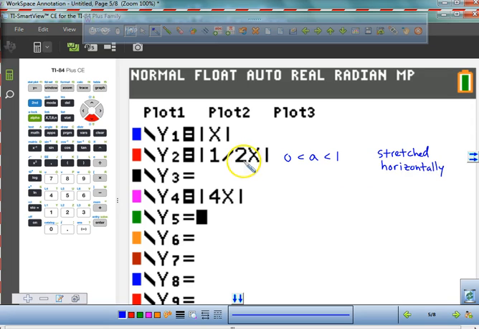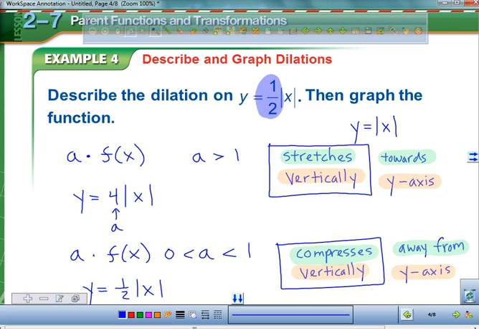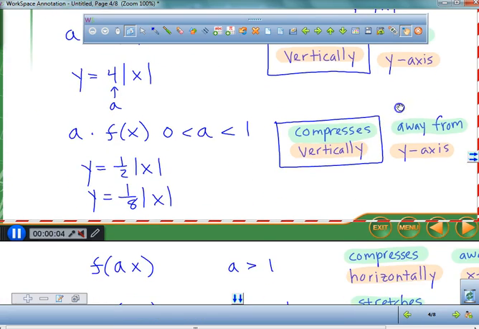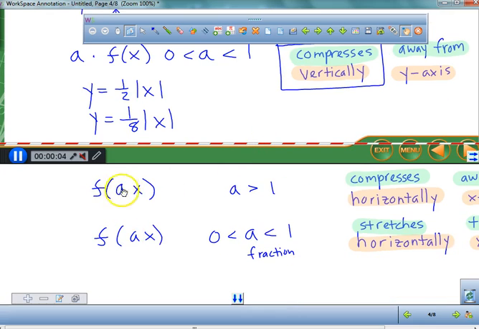Would you agree that this graph is going to be closer to the x-axis than this graph? Let me go back real quick. Understand, if you see the factor next to the x, then you're dealing with either horizontal compression or stretching horizontally. It's one or the other.